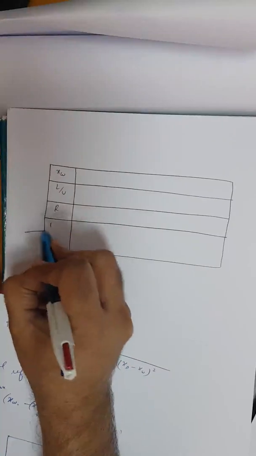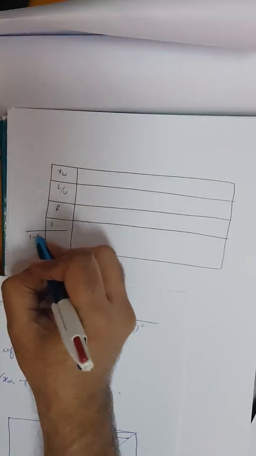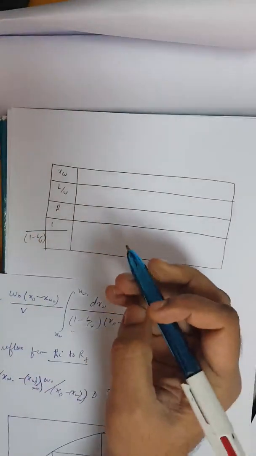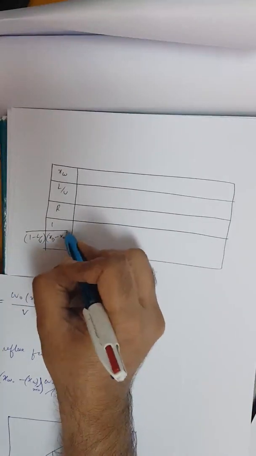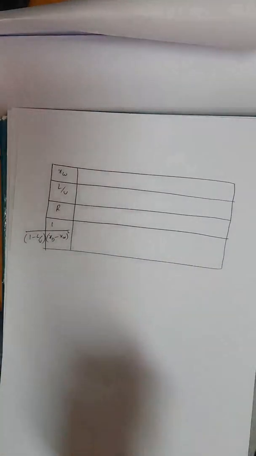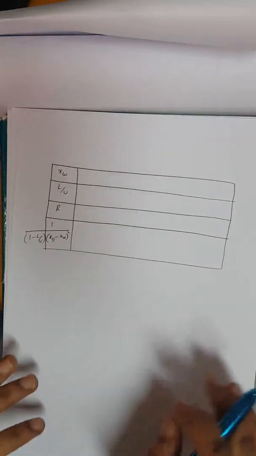We can write down 1 over 1 minus L over V, times xd minus xw square. Okay, so then we are able to find time.